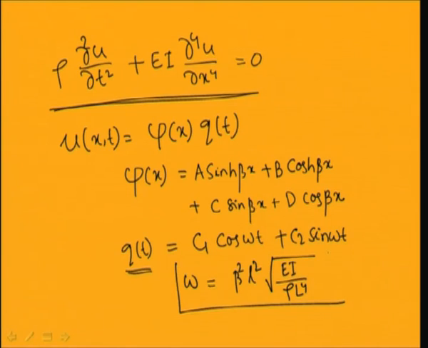For this simply supported beam, we have found beta L equal to n pi.